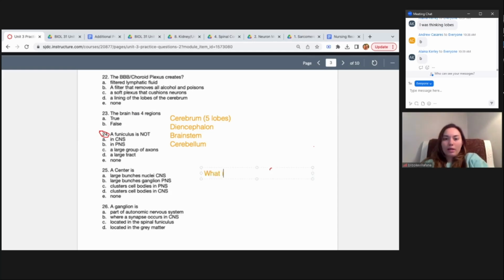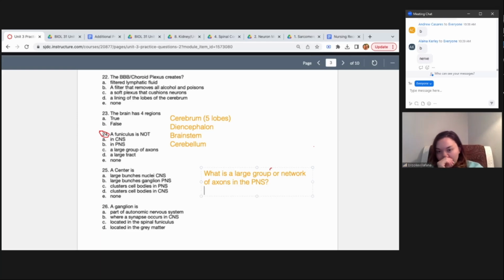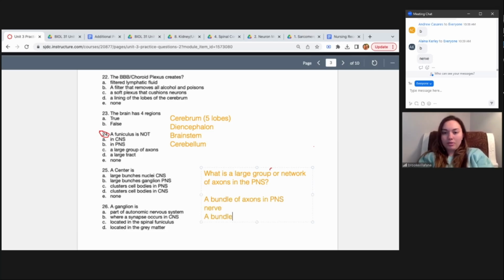What is a large group or network of axons in the PNS? Can anybody do this fill in the blank style? So we know a bundle of axons in the PNS is a nerve. A bundle of axons in the CNS is a tract, right?